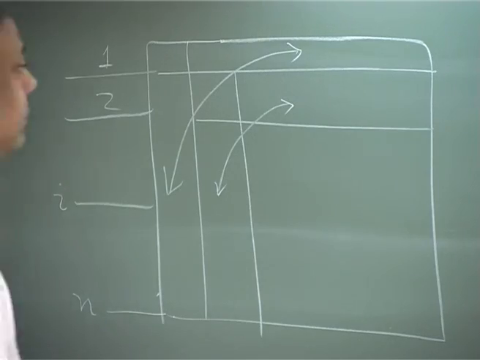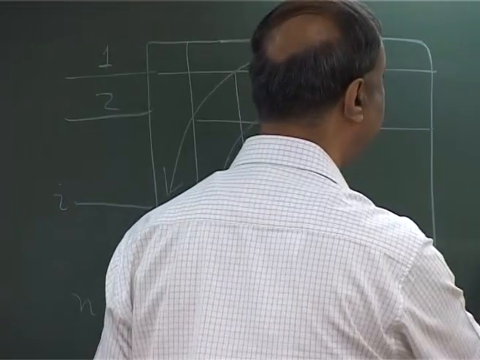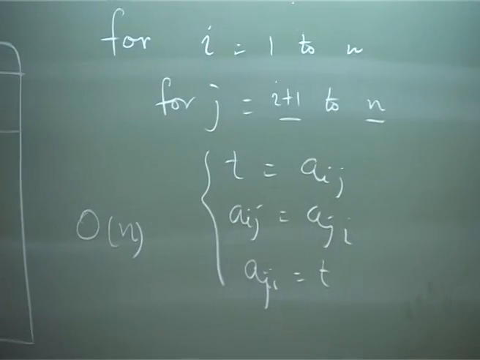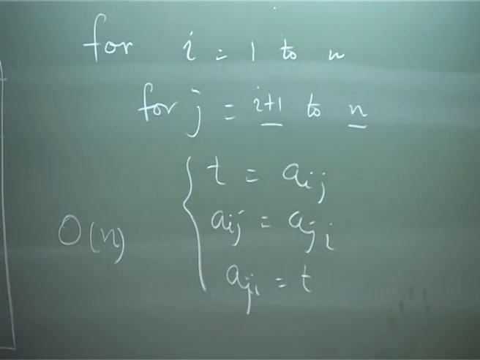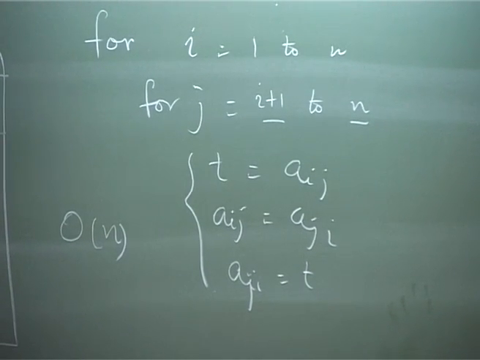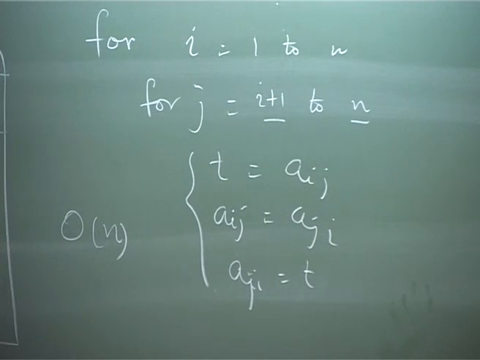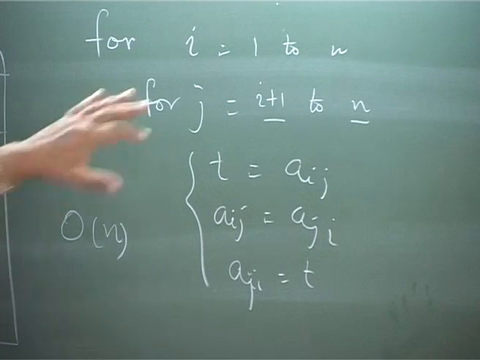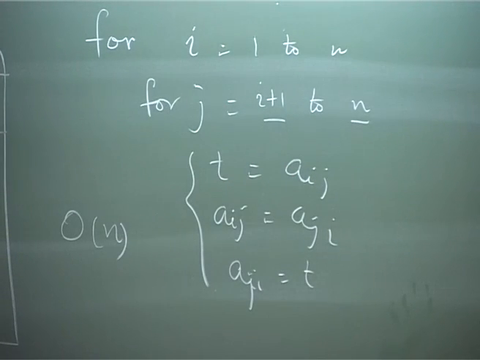And in that process, your complexity becomes order n, because the first processor will be doing interchange of n minus 1 operations. So otherwise it is order n time. In the worst case, you have to take the time needed by the first processor, and you will be putting order n time.